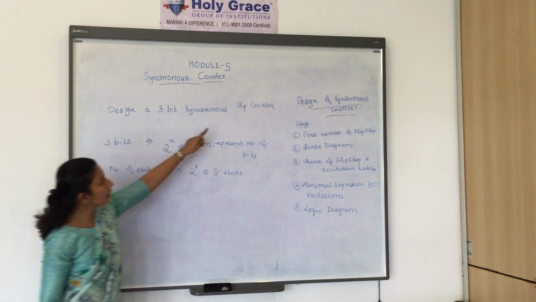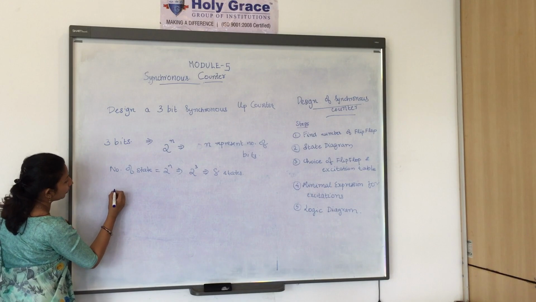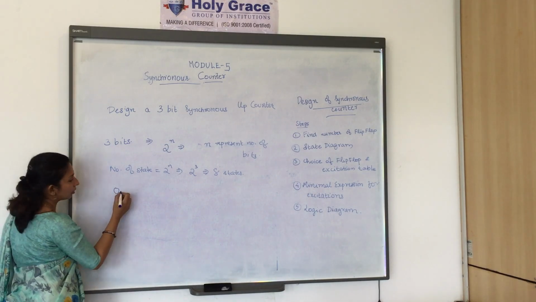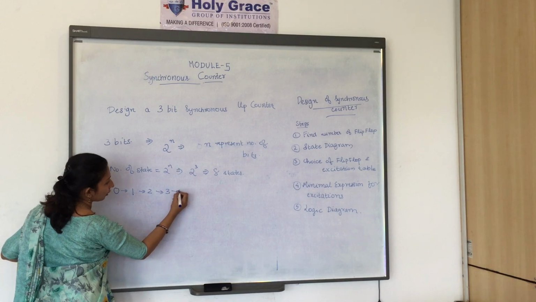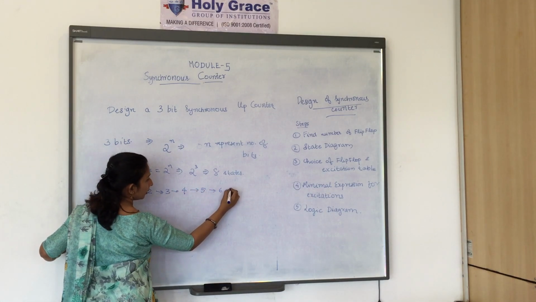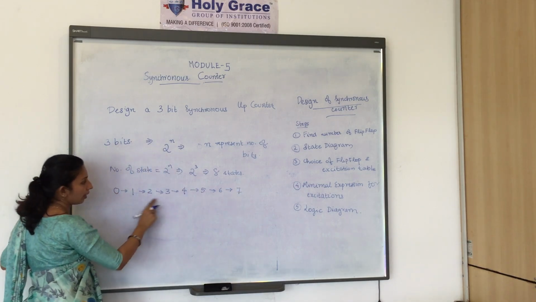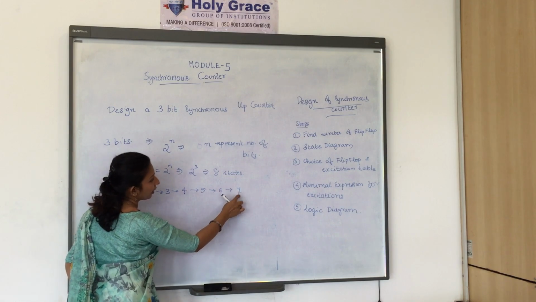Since it is an up counter with 8 states, the states start from 0, then 1, 2, 3, 4, 5, 6, and 7. So there are 8 states: 1, 2, 3, 4, 5, 6, 7, 8.